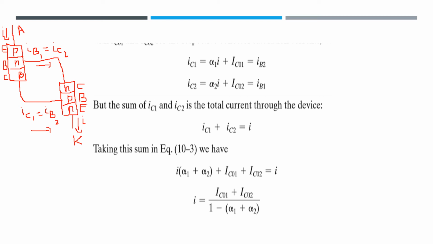If we associate an emitter to collector current transfer ratio alpha with each transistor, we can analyze this for solving for current I.